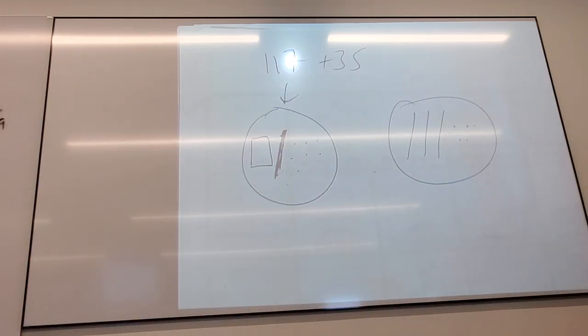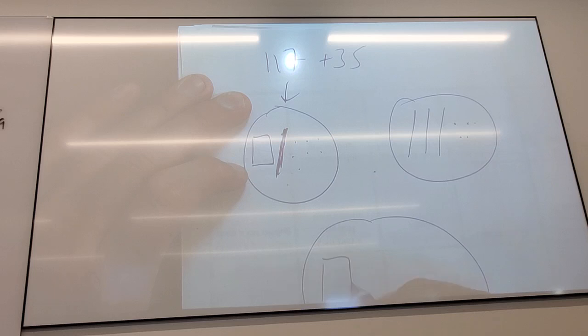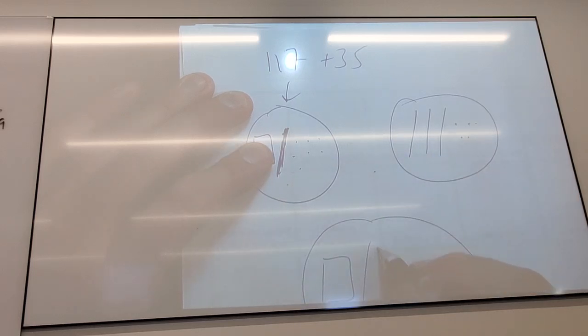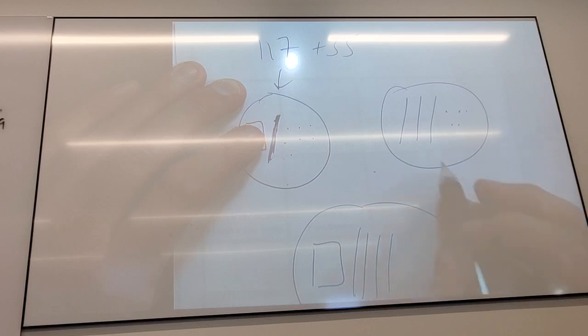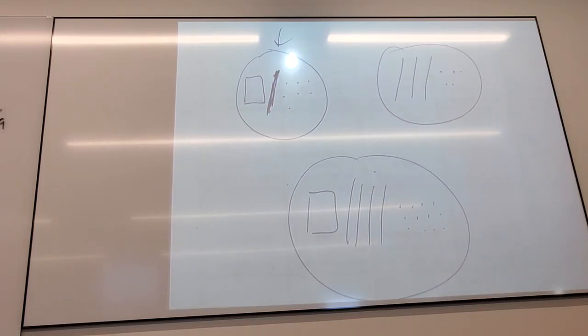So when I combine these together, what do you get? You get a flat, you get 4 longs, and you get how many units? 1, 2, 3, 4, 5, 6, 7, 8, 9, 10, 11, 12. And then what can you do?